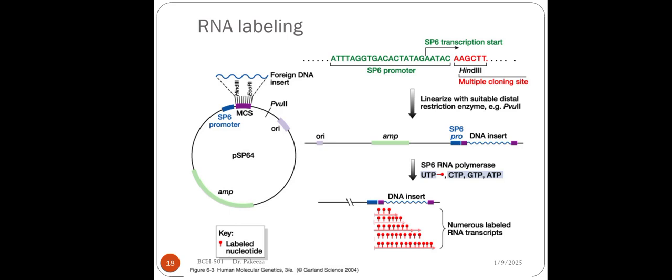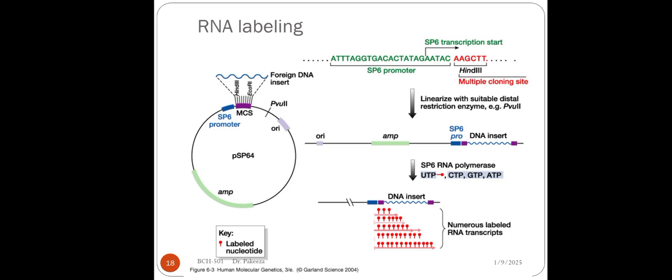So for this purpose, we will take a vector. The vector you see here is pSP64, and this is an expression vector, as is evident from the presence of the promoter site. You can also see the origin of replication, the second important thing as multiple cloning site, and the third important thing in the form of selectable marker, which is the ampicillin resistance marker in this particular case.